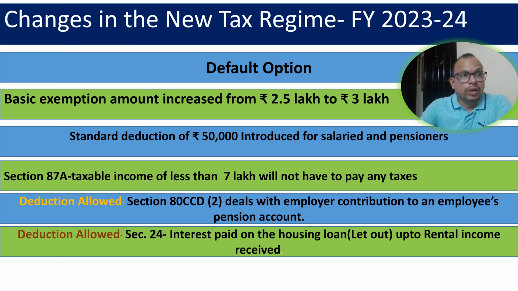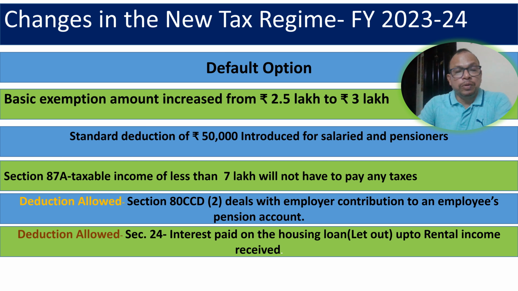Earlier, in the old regime, interest payable up to 2 lakhs was deducted. If any home loan buyer paid interest, and if that interest amount is up to 2 lakhs, then the entire 2 lakhs is deductible from the total income if the property is self-occupied.